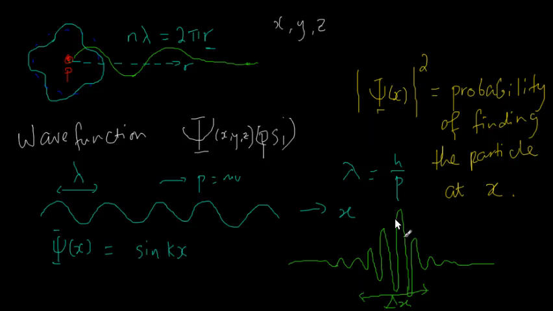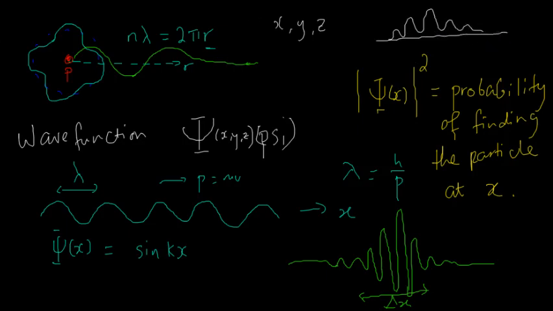This is because if I have a continuous wave like this, we would expect the probability to be distributed continuously over a certain region of space or a certain range of x. So in order to find a probability, it only makes sense to talk about finding it over a certain range of x. For example, if I square this, I might end up with a graph that looks like this, where all the negative values become positive.